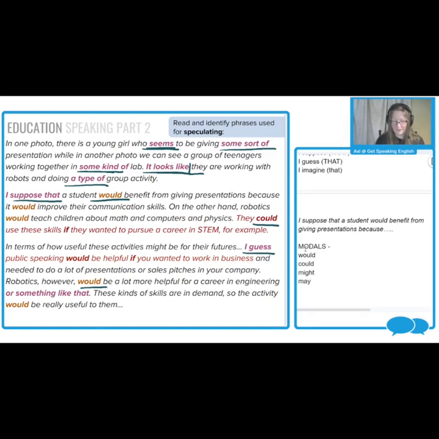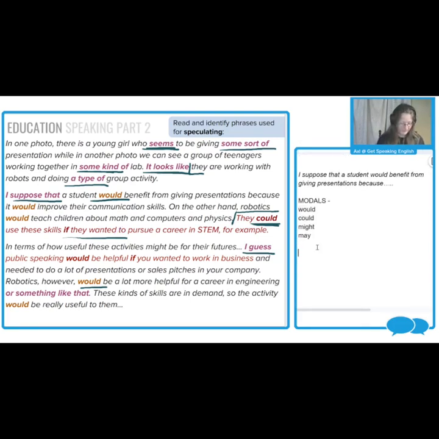May is also a great one to talk about possibility, but these ones are definitely great ones to use. And you can also see here too that I've used some second conditional phrases, right? So these skills could be helpful if they wanted. So past. So if they wanted to pursue a career in STEM, for example, right?